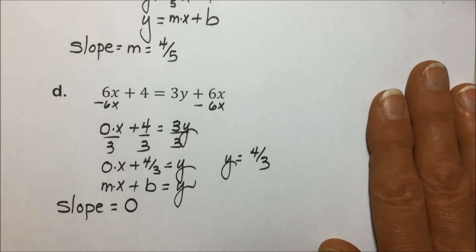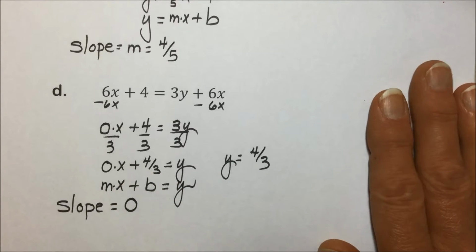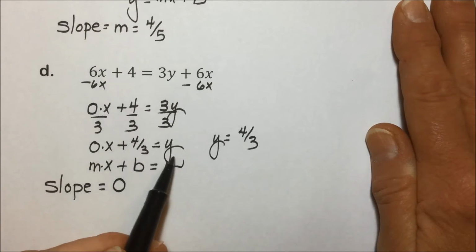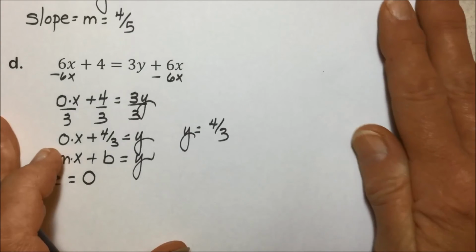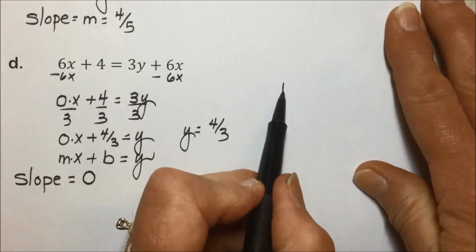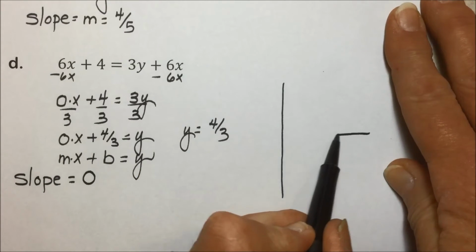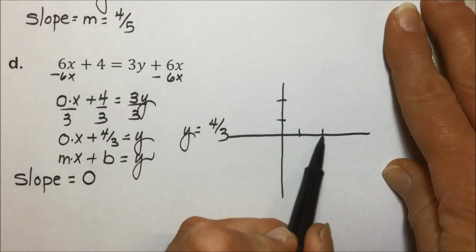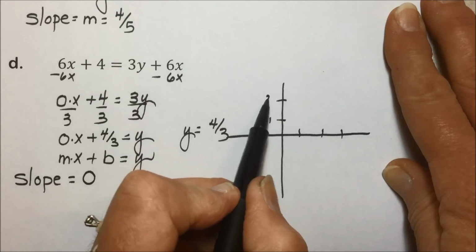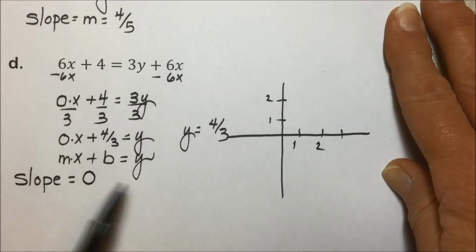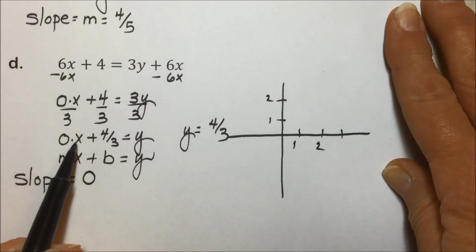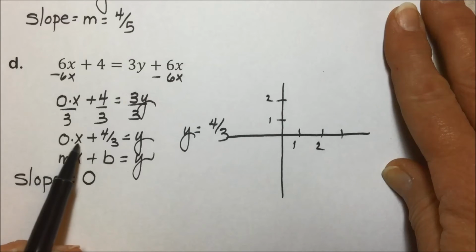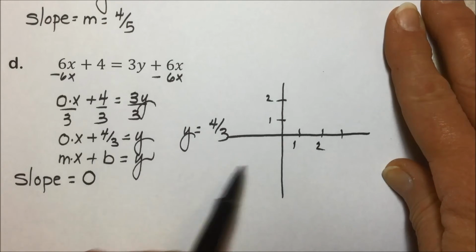Now, if we wanted to take a look and graph this, regardless of what our x is, y is always going to be 4/3. So let me sketch in a coordinate system here. If x is 0, y is 4/3, because 0 times 0 is 0, y is equal to 4/3.